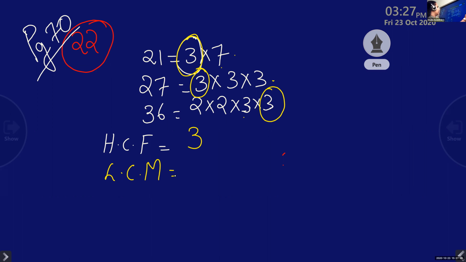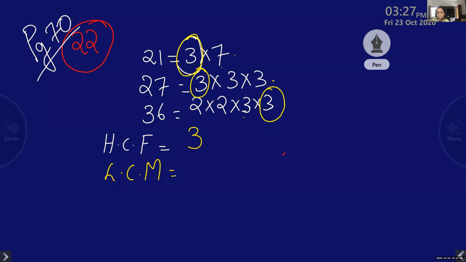So Isha, can you tell me how we can take LCM? Yes, ma'am. We had to take the maximum number of these factors that is repeated. Okay.